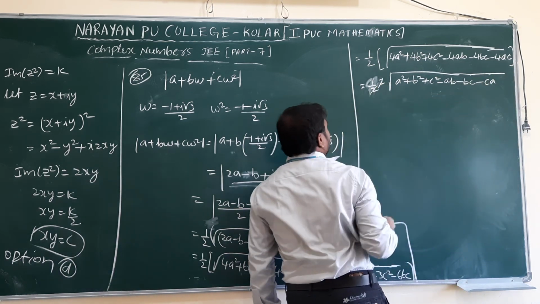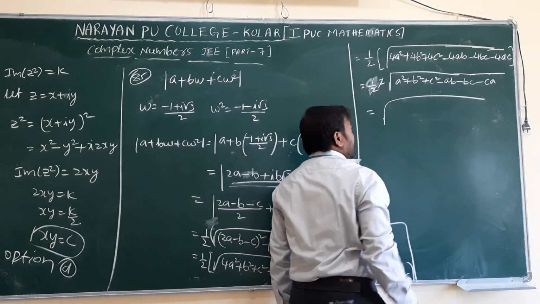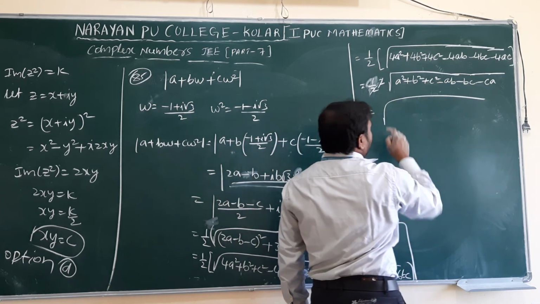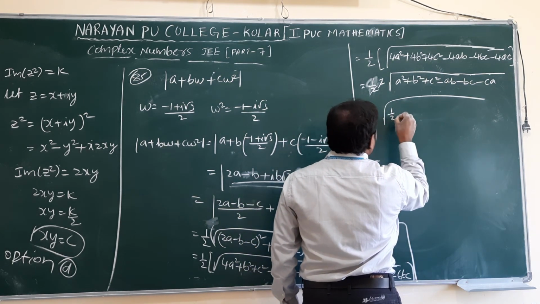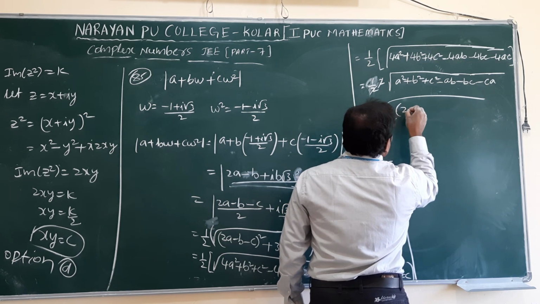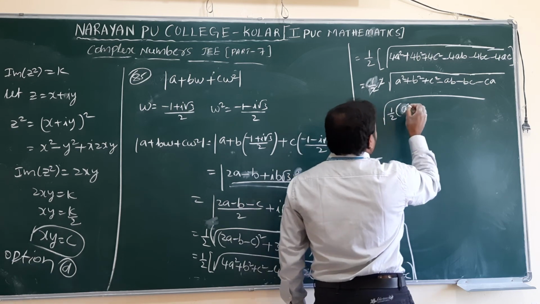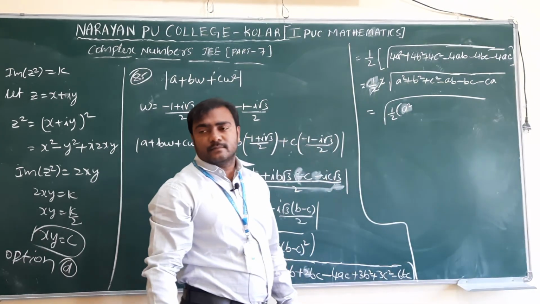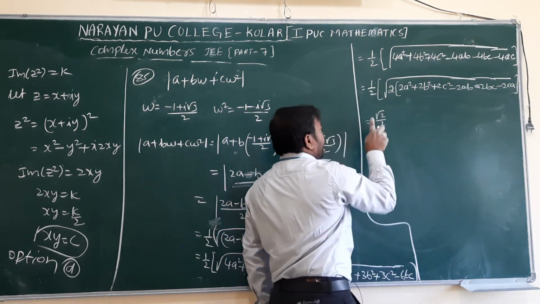Here in the square root, we divide and multiply by 2.